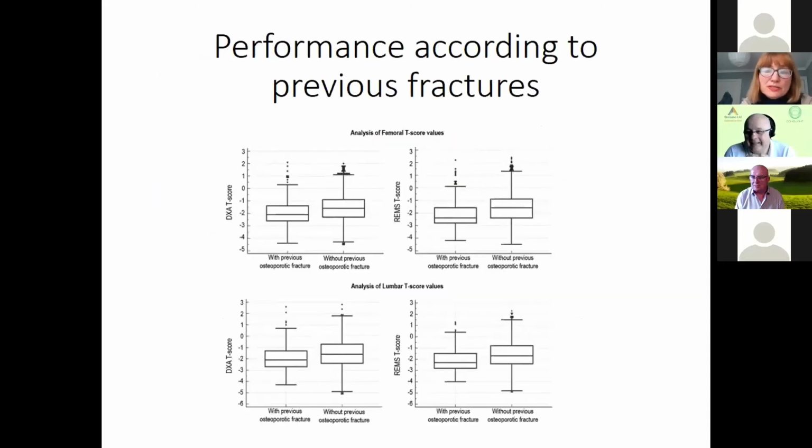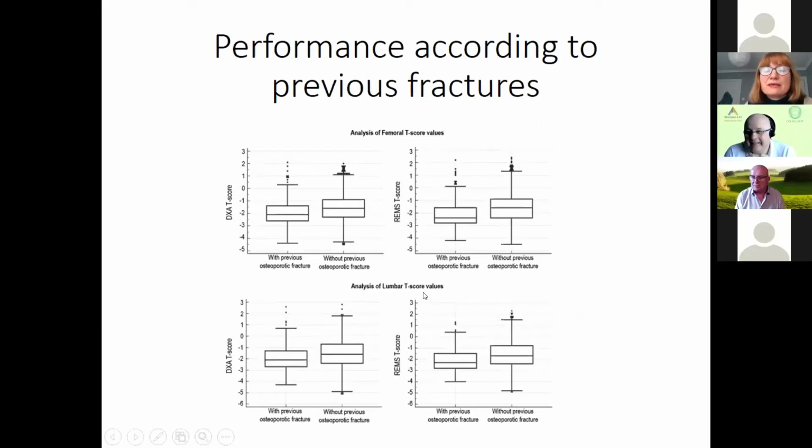Just a few words about fractures. I mentioned that one of the aims of the study was to look at performance in discriminating between people who were fractured and those who didn't have a history of fracture. What you have here is a box and whisker plot. You've got DEXA here, and on the right-hand panel, REMS.